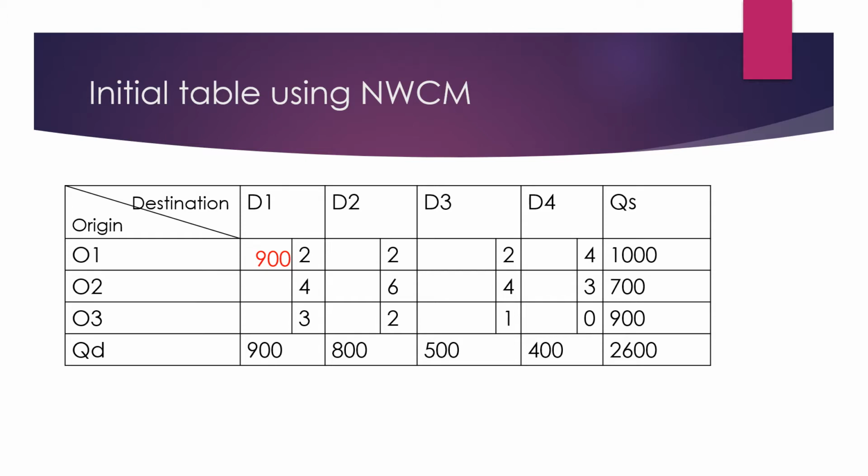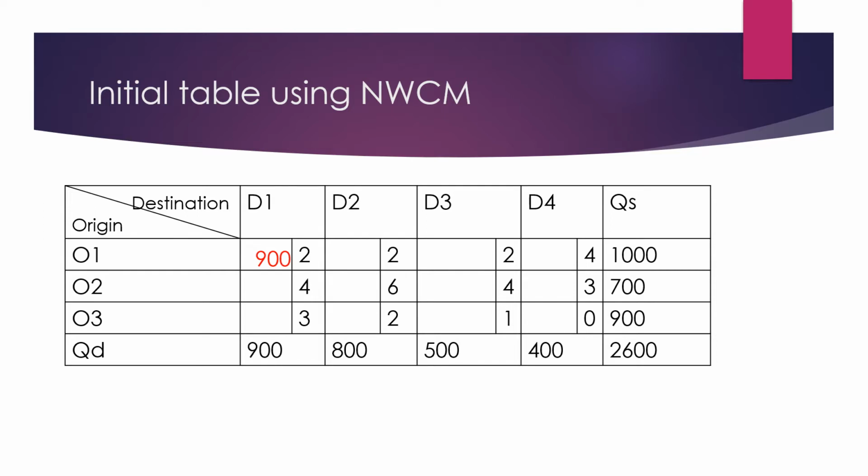Then when we are allocating 900 units to D1, what will happen? All the demand requirement is fulfilled. Therefore, no more allocation into this D1 column. However, from the original one, we are left with 100 units.